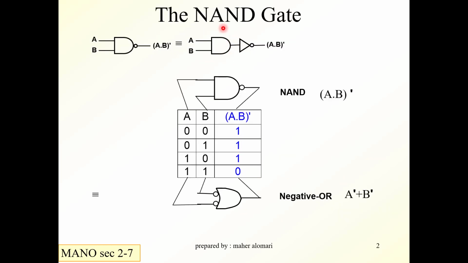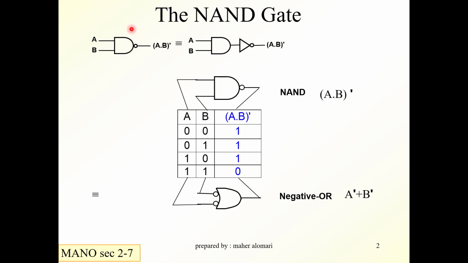Okay, the NAND gate is the complement of the AND gate. It is an AND gate followed by an inverter. This bubble here is the invert of the AND.